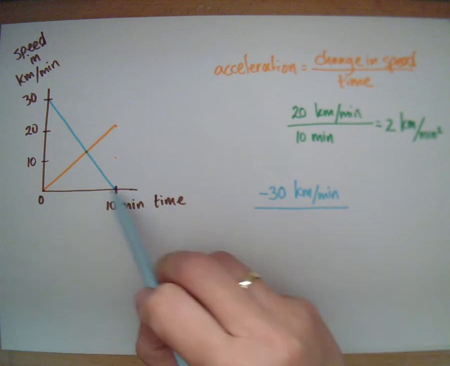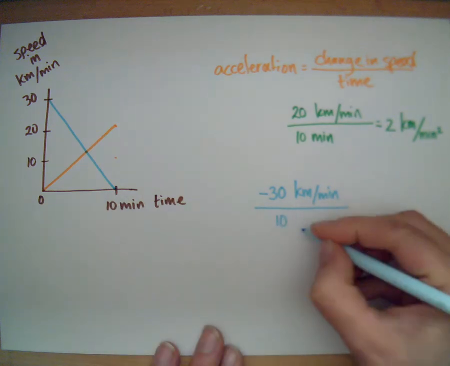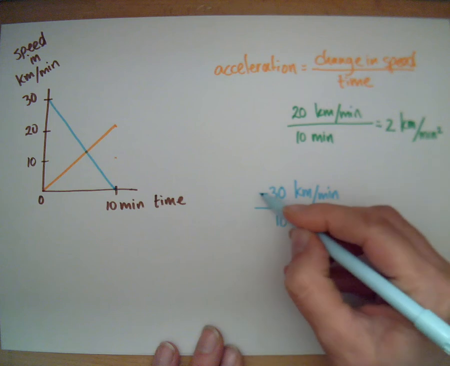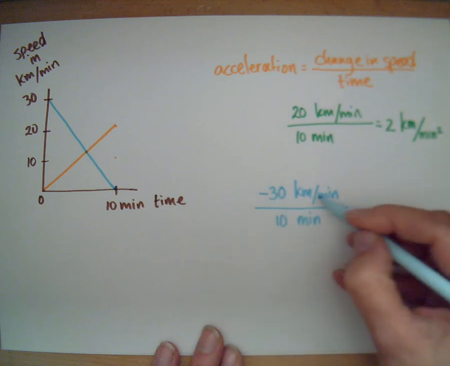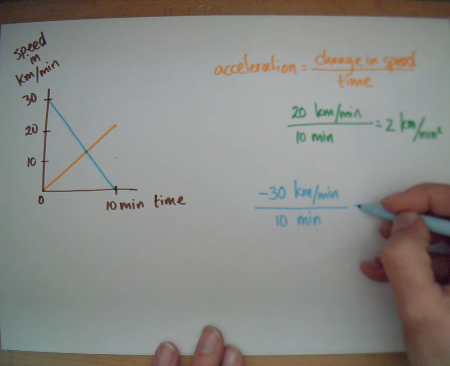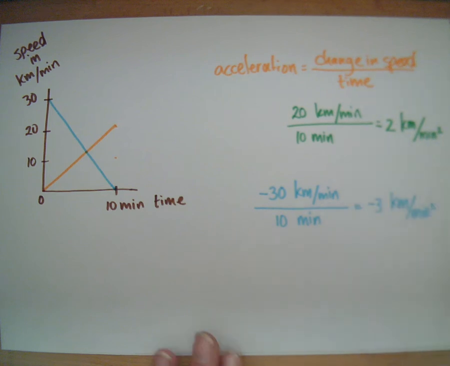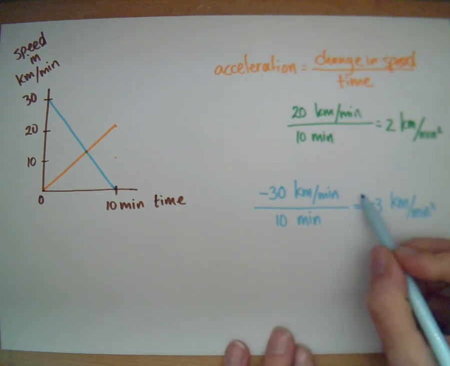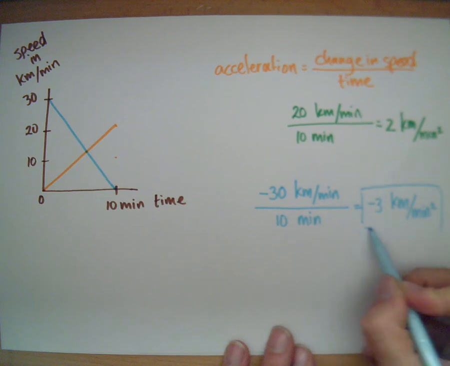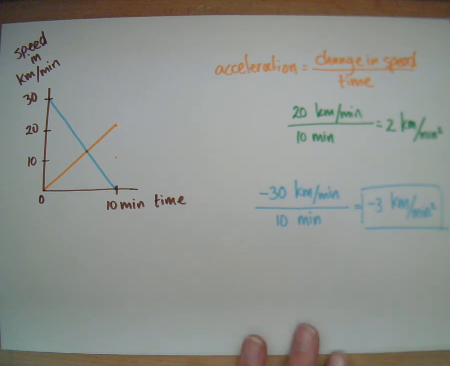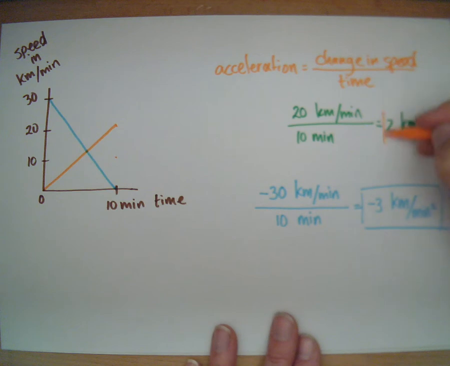It took us 10 minutes to go down by 30 kilometers per minute. Negative 30 divided by 10 is negative 3 kilometers per minute squared. Yes, so this is a negative acceleration, which we call deceleration, and this is a positive acceleration.